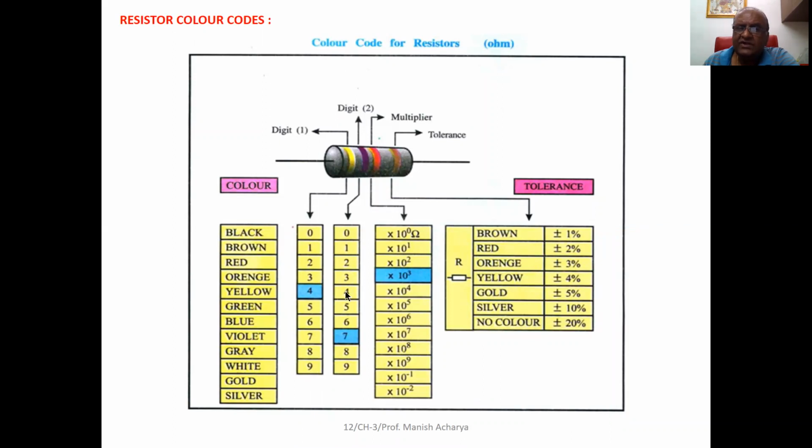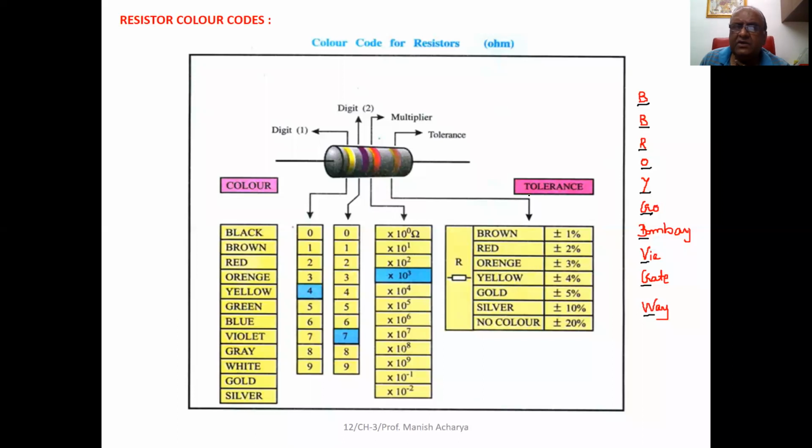And the multiplier in power of 10 is also the same: 10 raised to 0, 10 raised to 1, 10 raised to 2, 10 raised to 3, up to 10 raised to 9. Then for gold and silver, the multipliers are 10 raised to minus 1 and 10 raised to minus 2. Clear up to this?